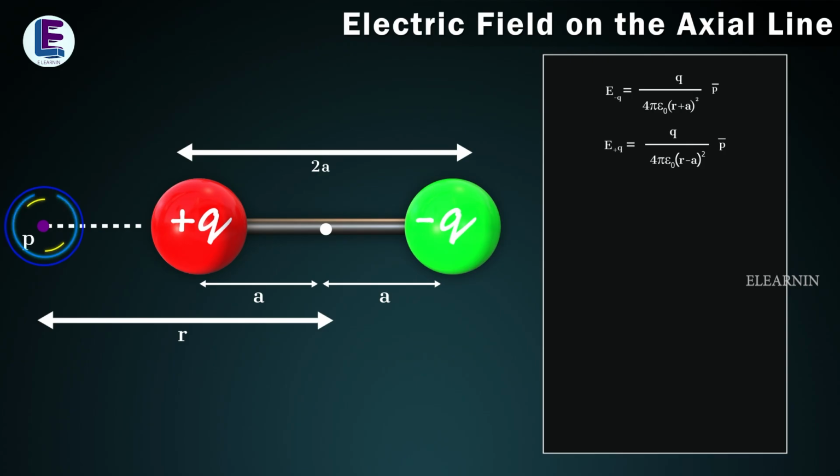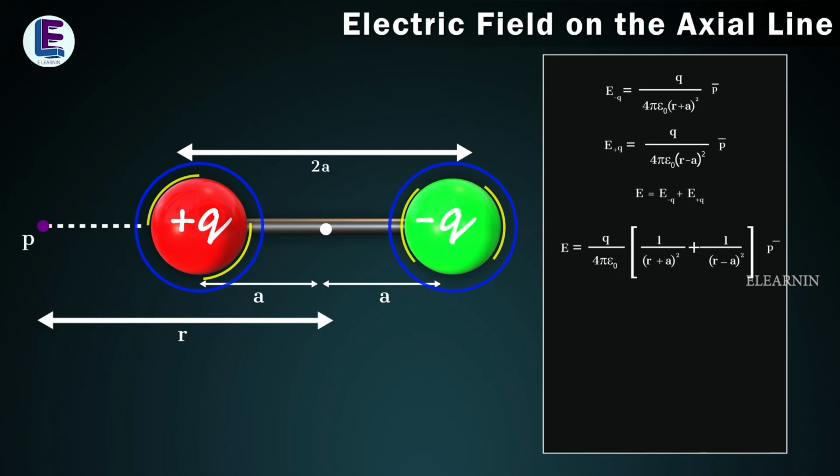At point P, the total field intensity, E, is equal to E minus q plus E plus q. E is equal to q divided by 4 pi epsilon naught into 1 divided by (r plus a) whole squared plus 1 divided by (r minus a) whole squared into P bar.